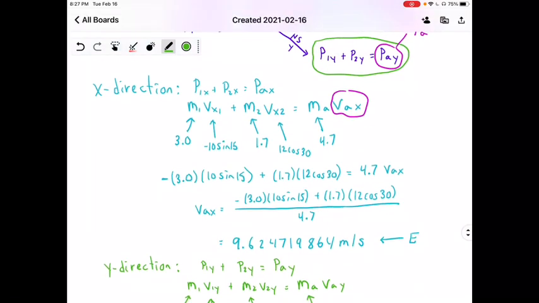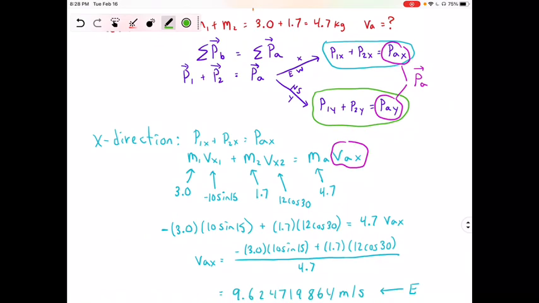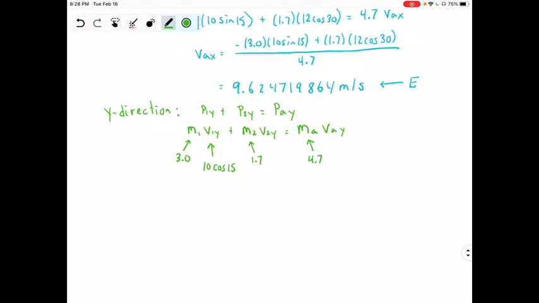And so that is 10 cos 15. And V2y is 12 sine 30. And again, we're looking for the y component of the velocity after. So substituting that in, we have 3.0 times 10 cos 15 plus 1.7 times 12 sine 30 equals 4.7 V after in the y direction.